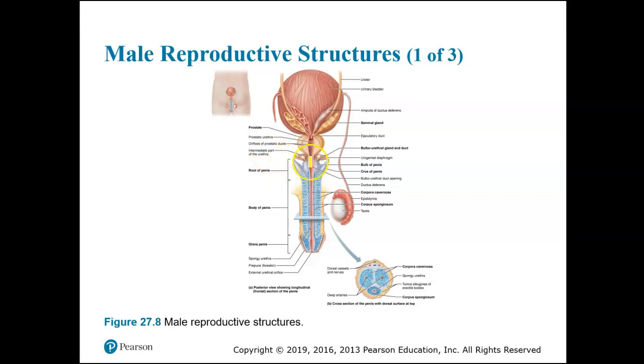The membranous urethra is this part right here that's labeled as the intermediate part of the urethra. And then, here we go, the spongy urethra. And then this is the external urethral orifice where the urine and semen both leave.